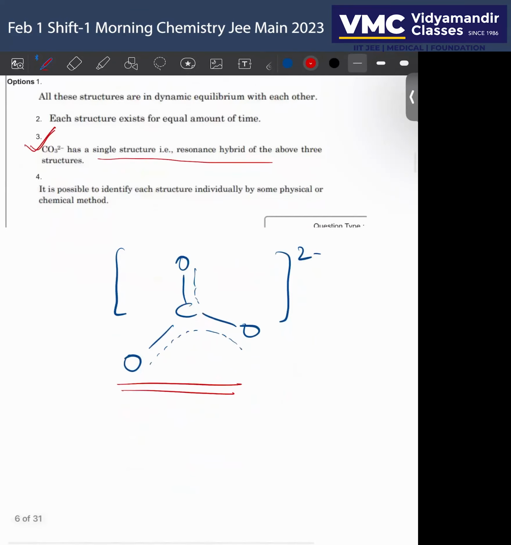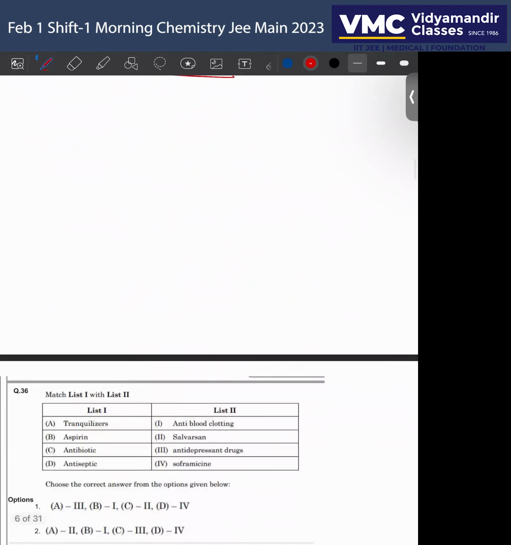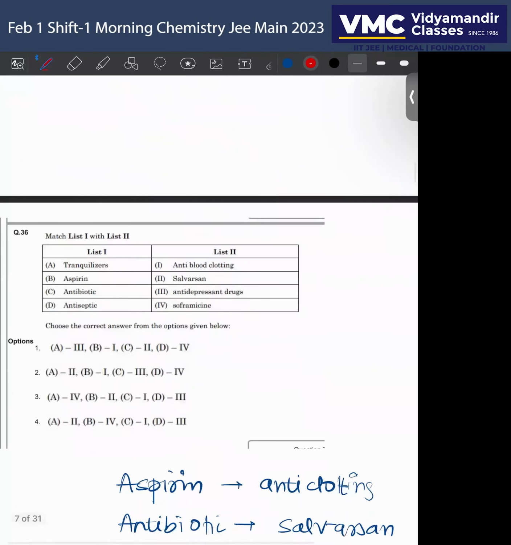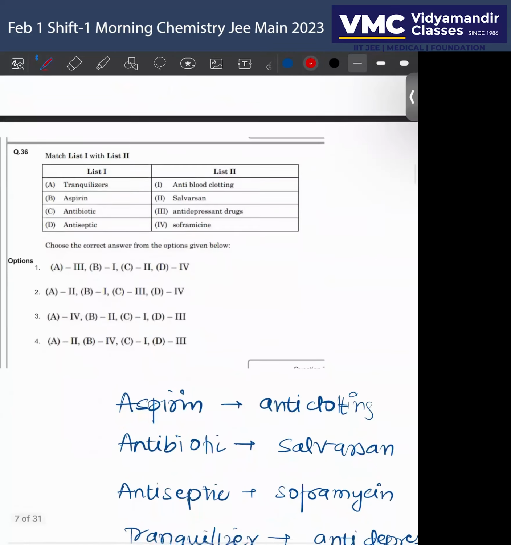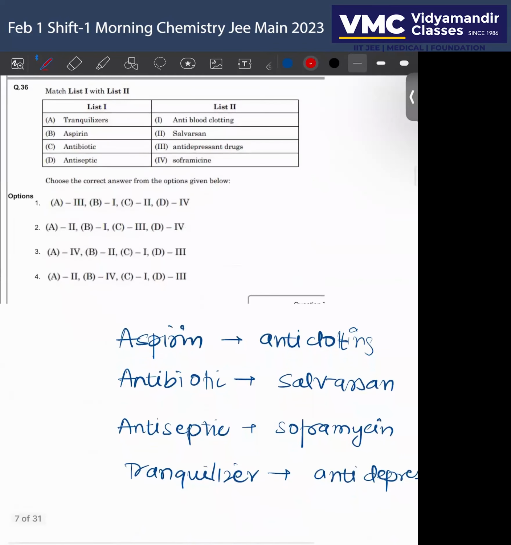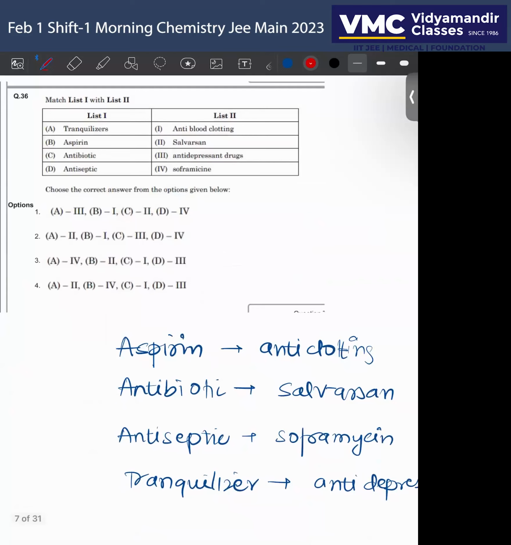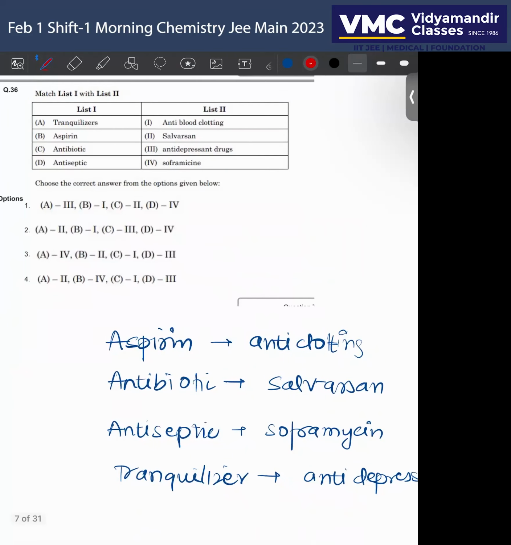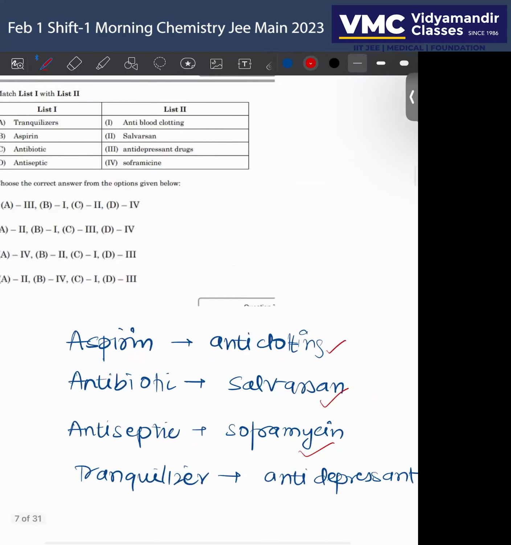Next, moving on to question number 36. It is again a match list 1 with match list 2. You're given some drugs and you have to mark their action. Aspirin is an anti-clotting drug, we all know that. Antibiotic is salvarsan. Soframycin is an antiseptic drug, whereas tranquilizer is used as an antidepressant drug.